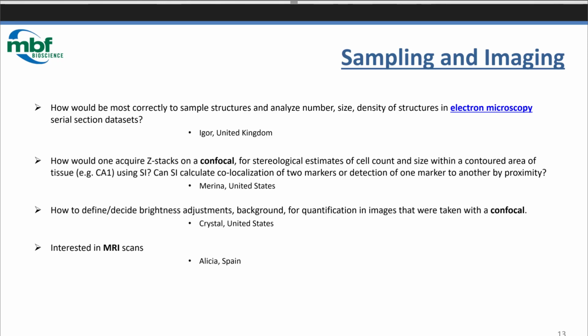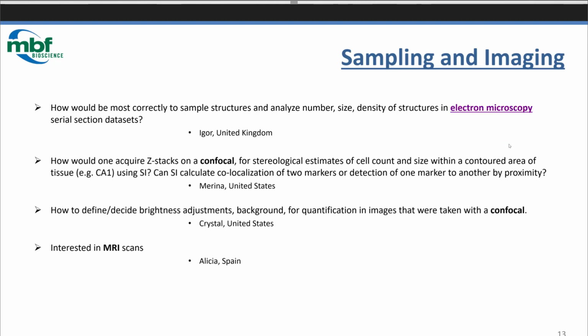Igor asks, how can we do unbiased stereology with electron microscopy? That's an interesting question. Not many people are doing that. There's an extra consideration when doing systematic random sampling, and that's going from the microscopic level down to the electron microscope level.